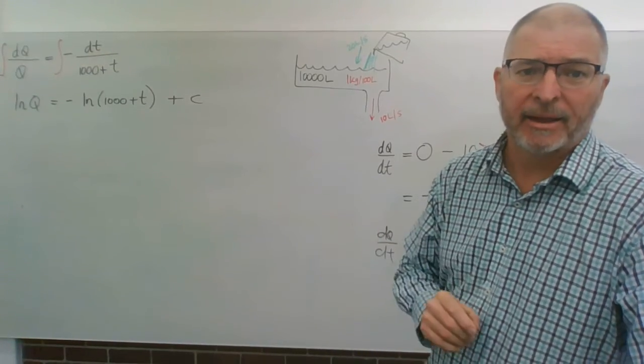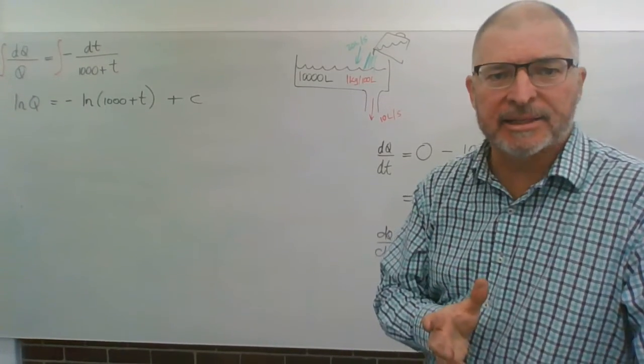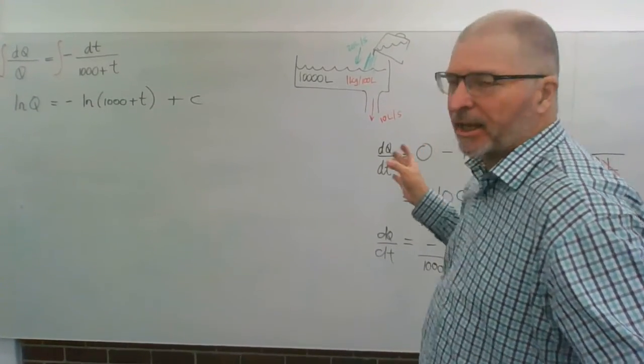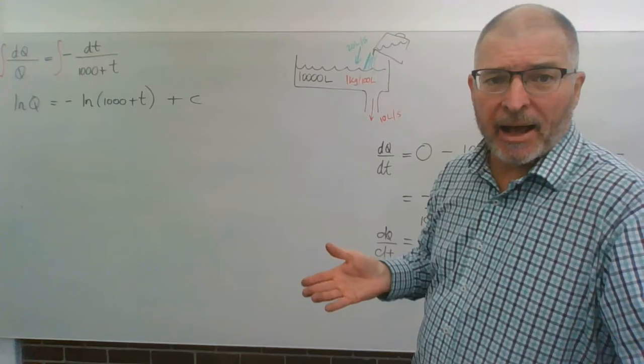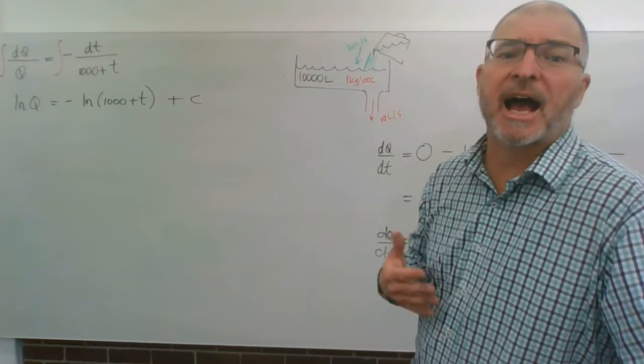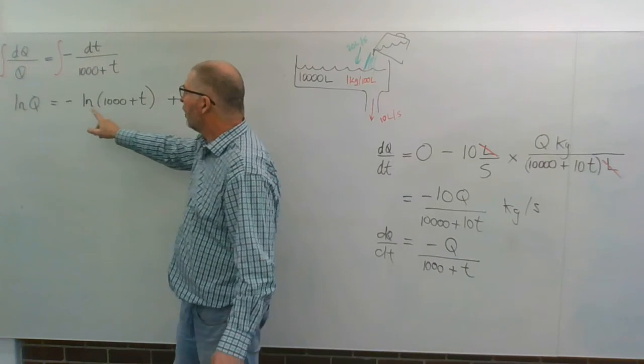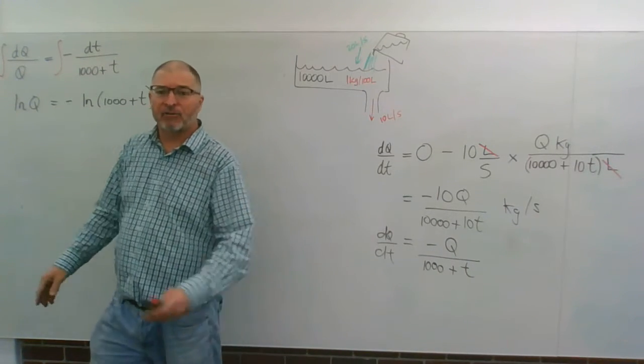Remember I spoke about that there was 10,000 litres, and it did say there was a kilogram for every 100 litres. So there's 100 lots of 100 litres, so there's 100 kilos of salt in there. So when t is 0, Q is 100.